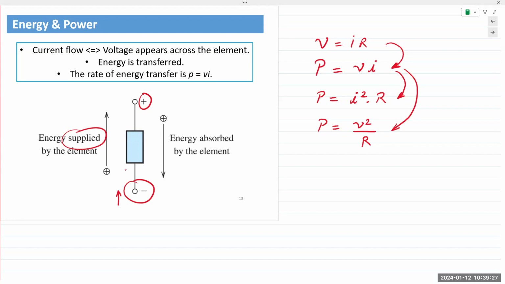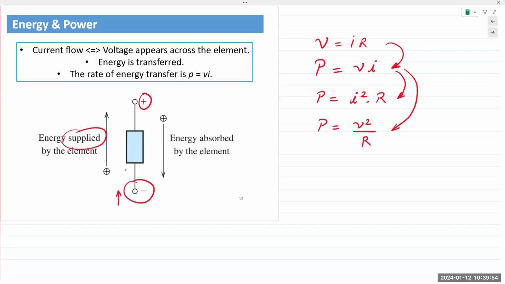Whether the current direction and the voltage polarity are given to you or you make an assumption is irrelevant. Once you have them, you simply look at which direction the current is entering. Current enters through one end of the element and exits out of the other. If current enters the positive terminal, power is positive, energy is positive.